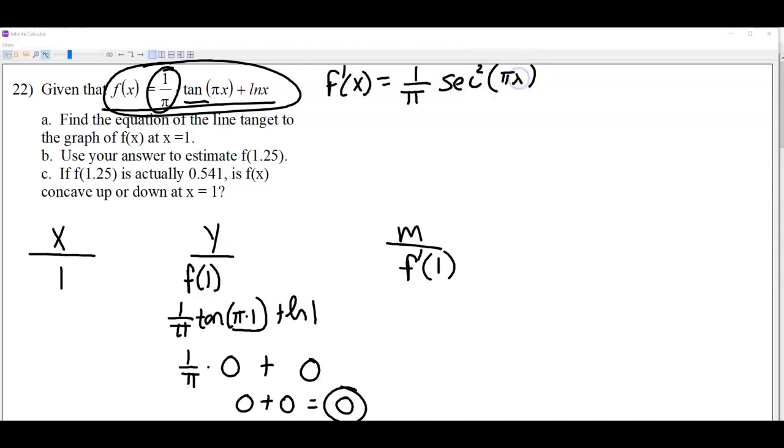But we also need to multiply it by the derivative of the inside, which is pi. So I'll multiply it by pi out here. And then we have plus the derivative of ln of x is 1 over x. Now we can simplify and cancel those pi's out. And so we really just have this left. So we want to plug 1 into that.